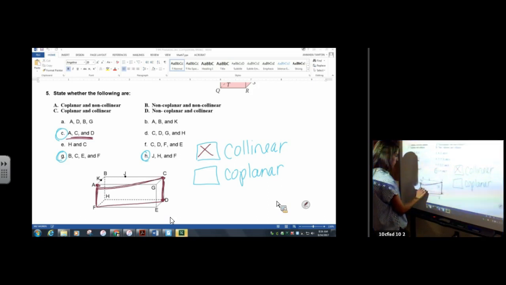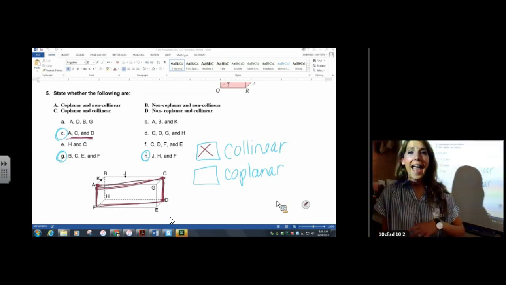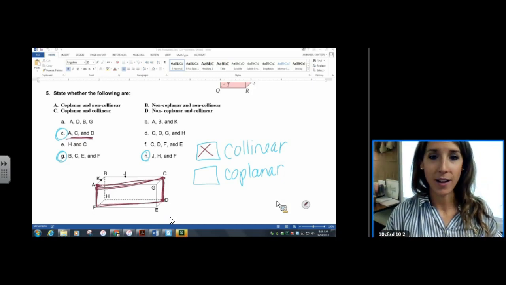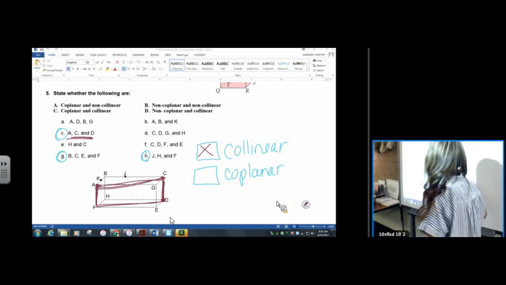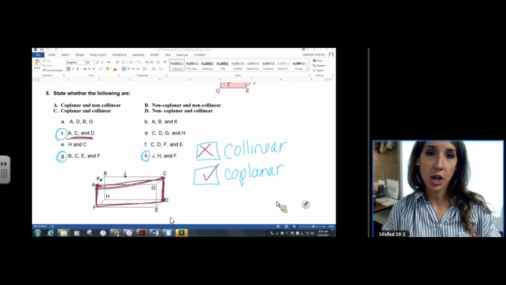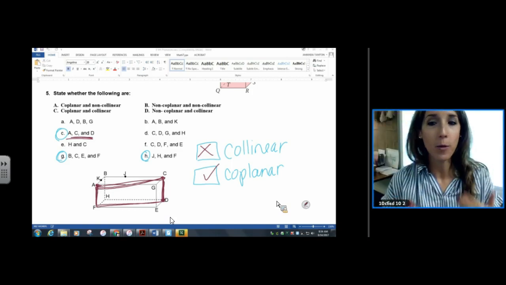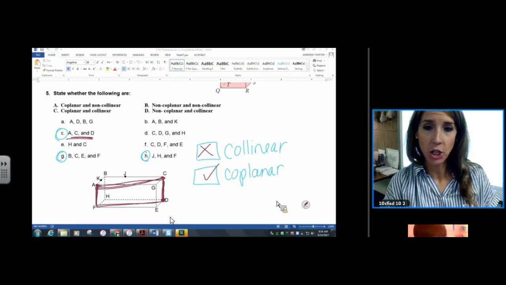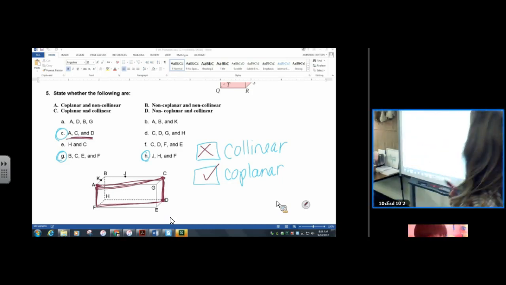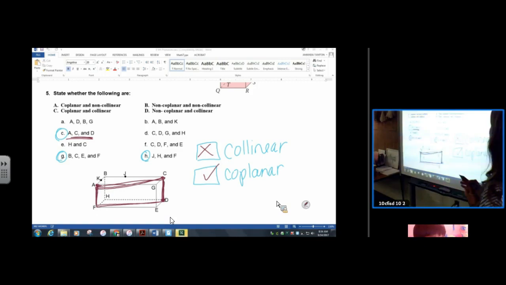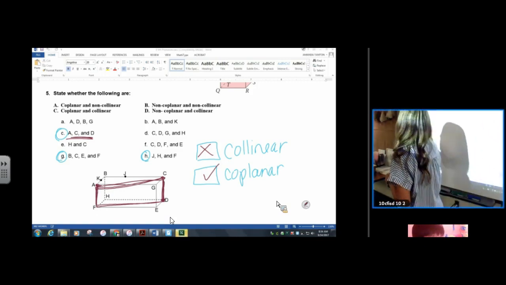There we go. But guess what, guys? I said this earlier. Any 3 points are coplanar. So I didn't even need to look at a picture to determine if those were coplanar. No matter what, they were coplanar. So I would choose the one that says collinear, non-collinear, and coplanar.